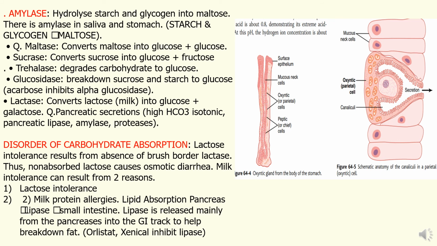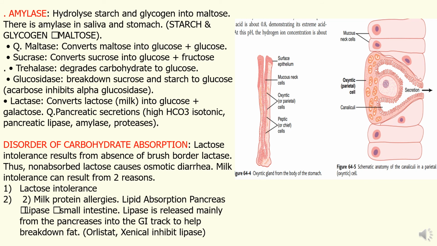Disorders of carbohydrate absorption. Lactose intolerance results from the absence of brush border lactase. Thus, non-absorbed lactose causes osmotic diarrhea. Milk intolerance can result from 2 reasons, that is lactose intolerance and milk protein allergies.